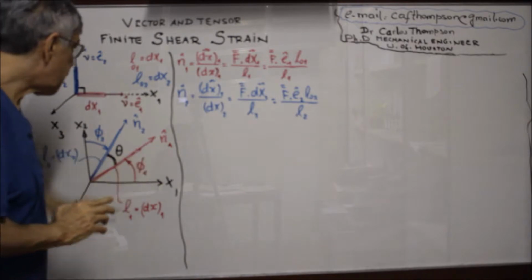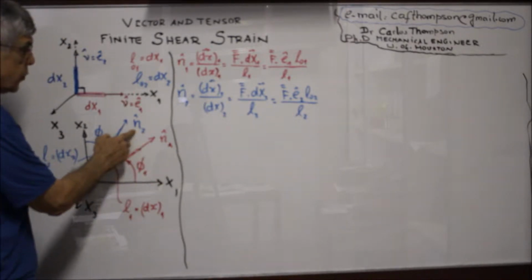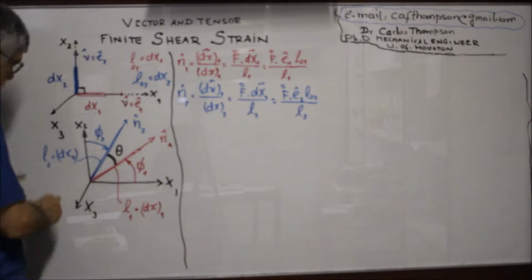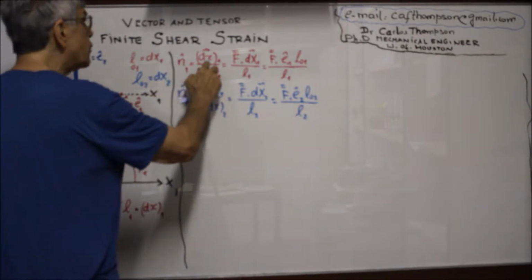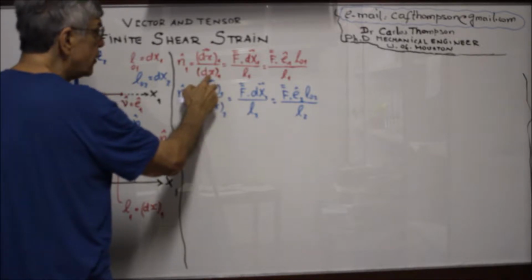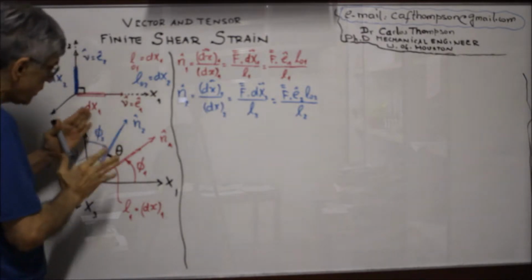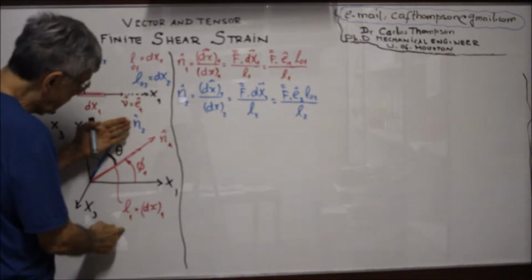Let's focus on the unit vectors n1 and n2, corresponding to the lines L1 and L2. Now, n1 is the vector dx1 divided by its magnitude. Focus only on this line L1.